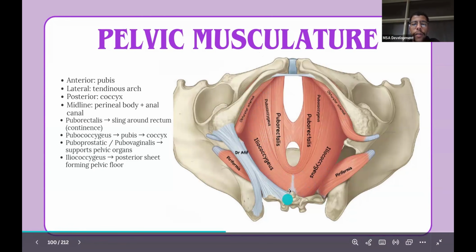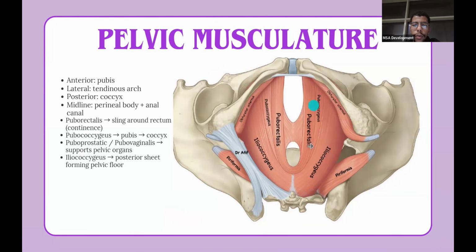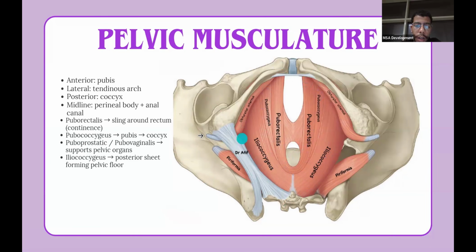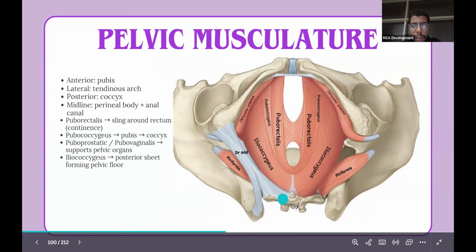Now this forms the posterior sheath, and these two are anterior. Now let me just see if I missed anything. Here's the pubococcygeus from the pubis to the coccyx, puborectalis slings around the rectum, obturator internus goes through the lesser sciatic notch, piriformis goes through the greater sciatic foramen, and I think that's it.